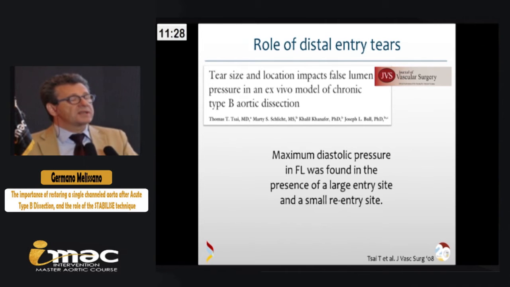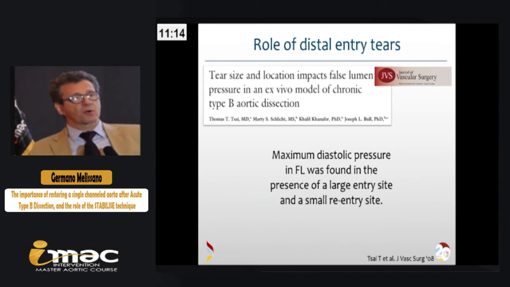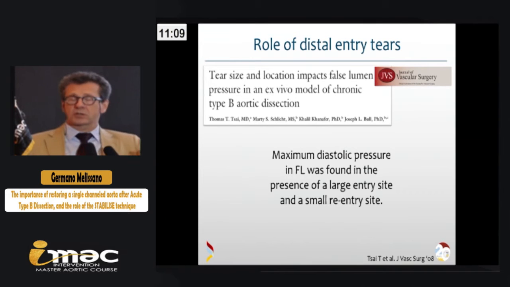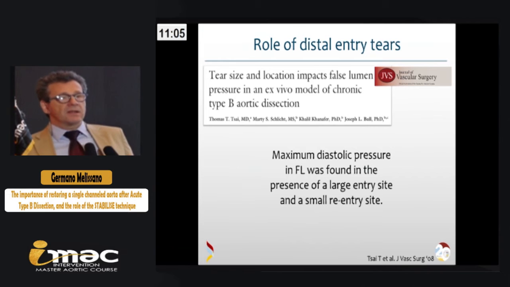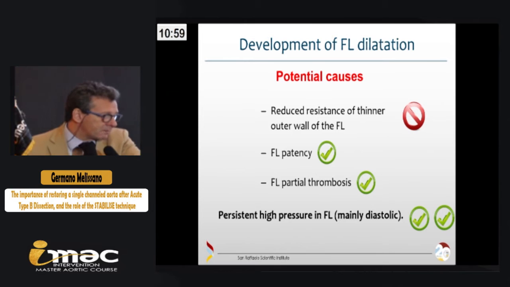And so this situation, large entry, small re-entry, is linked to both partial thrombosis and dilatation of the aorta. And you can think of it in a way like a type 1 endoleak. So you have a large proximal place where the blood goes into the false lumen or the sac of the aneurysm with high pressure, and then there are small exits, and so the blood pressure stays high in this situation.